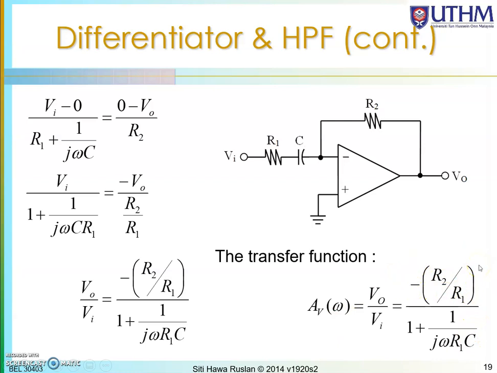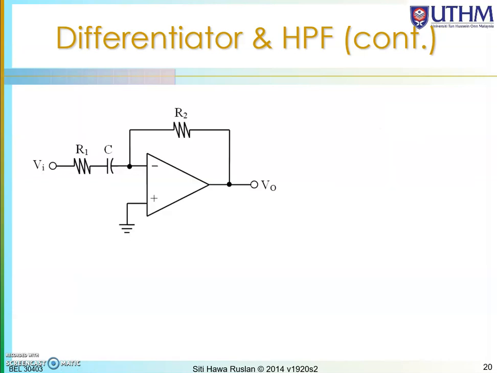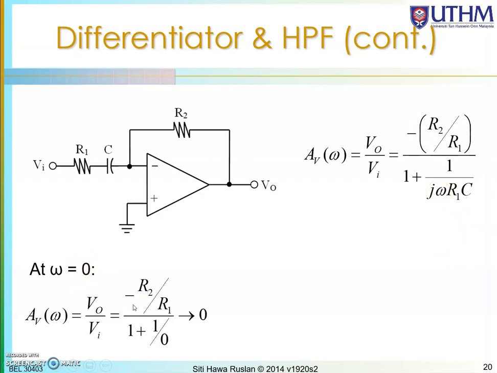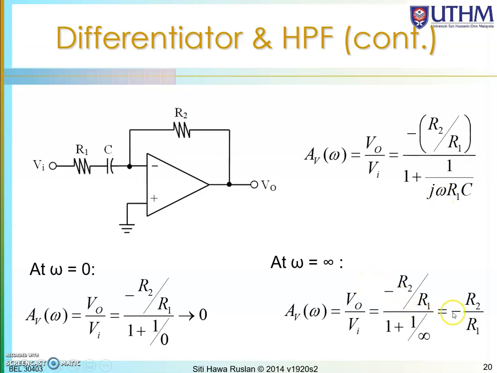Okay, there is a negative sign in the equation, meaning that there is a phase difference between VO and VI. And from the transfer function, if you put omega to be 0, the gain will be 0. But if omega over here is infinity, you'll get the maximum gain, minus R2 over R1.